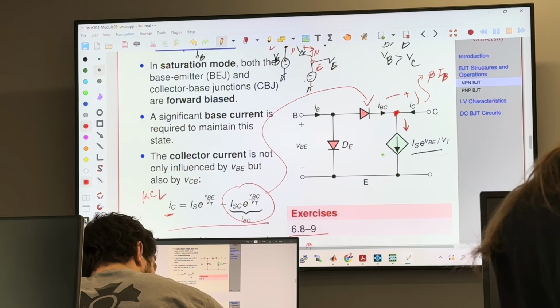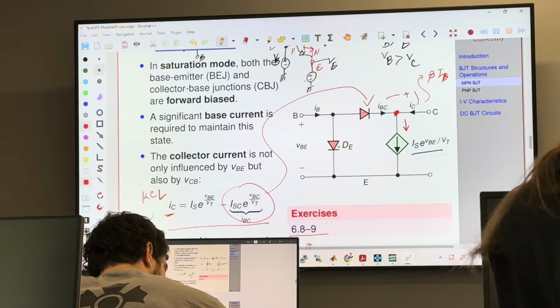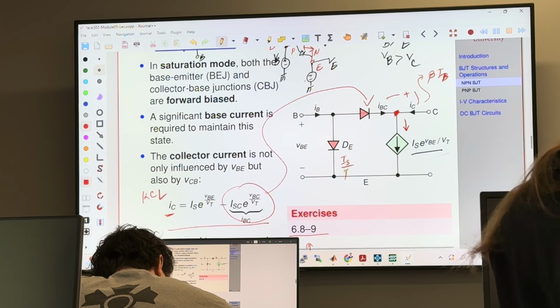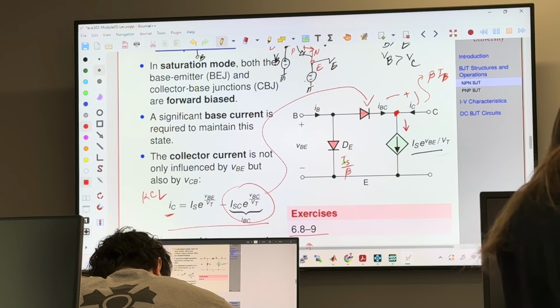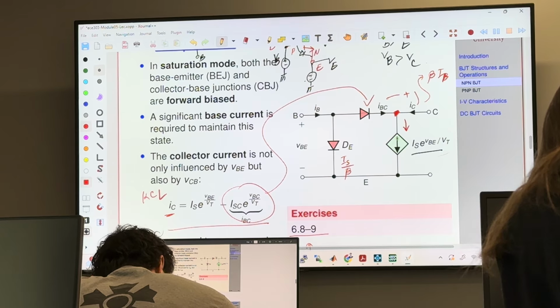Now, here the scale current that you see for this diode, base to emitter, is going to be divided by beta, given the transistor's gain. This is the DC gain of the transistor.